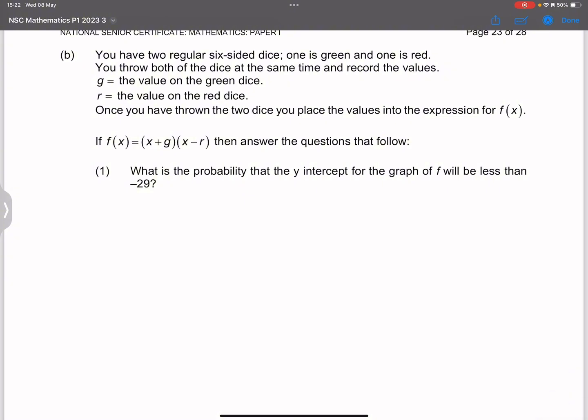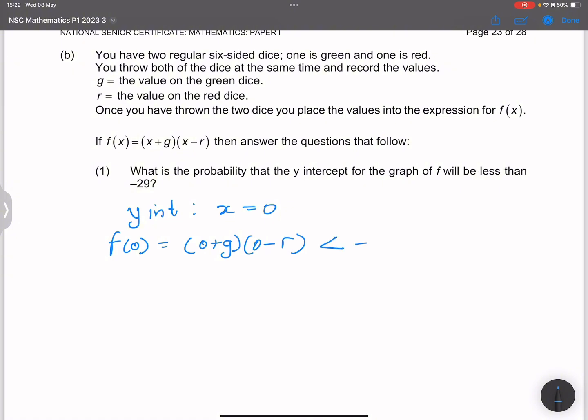Now remember what happens at the y-intercept, right? So the y-intercept, this is where x is equal to 0. So that means f of 0 will be equal to (0 plus g)(0 minus r), right? And in this case, they said it must be less than negative 29.